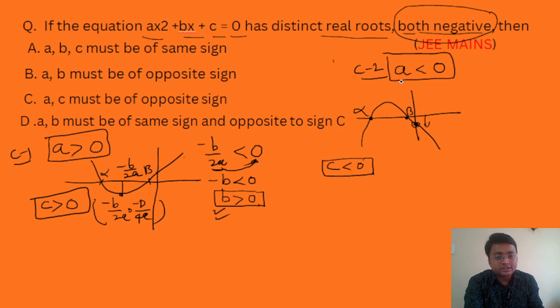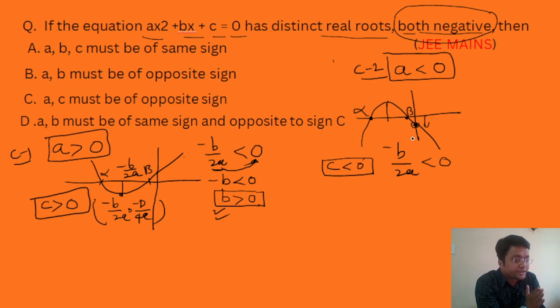Okay, now let us come to b. This point is minus b by 2a, and as you know, this is the vertex of the parabola. So minus b by 2a is less than 0. Why? Again, this point is left of the origin.